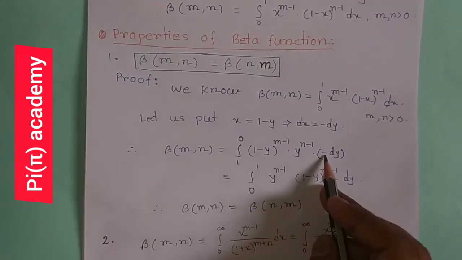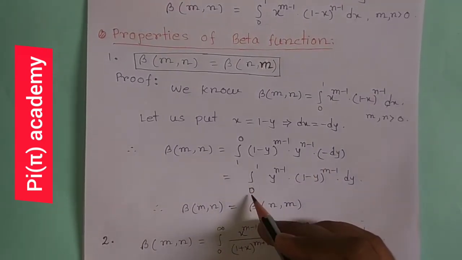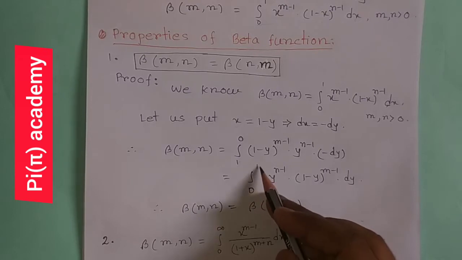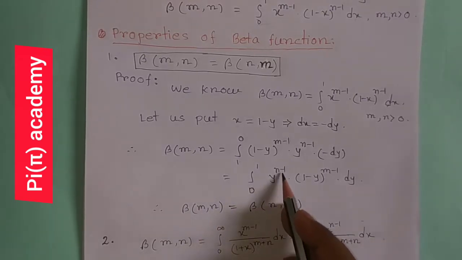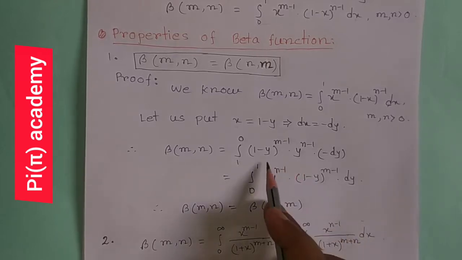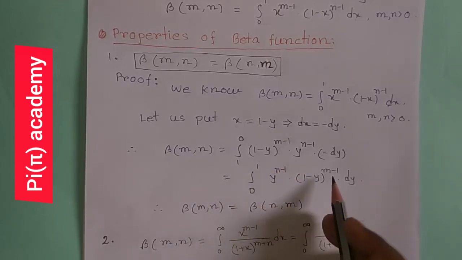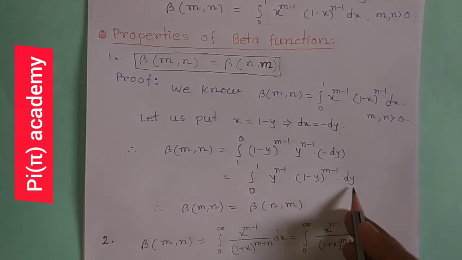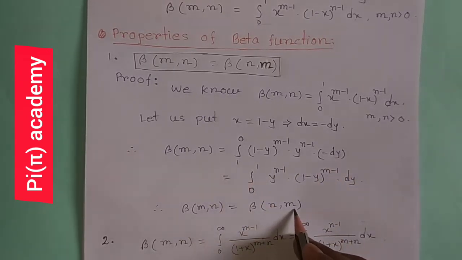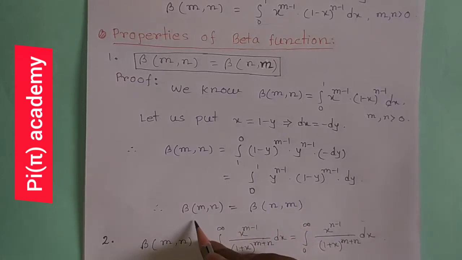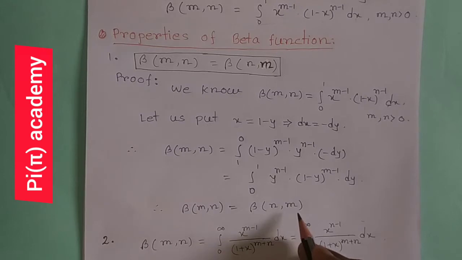Since it is negative, we can interchange the lower limit and upper limit, that is 0 to 1 of y to the power n minus 1 into (1 minus y) whole to the power m minus 1 into dy, and this is beta n m. Therefore we can conclude that beta m comma n equal to beta n comma m.